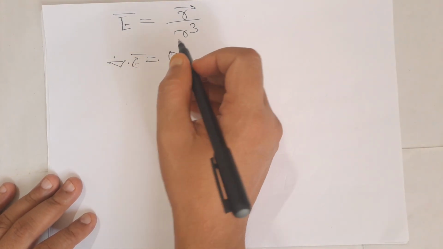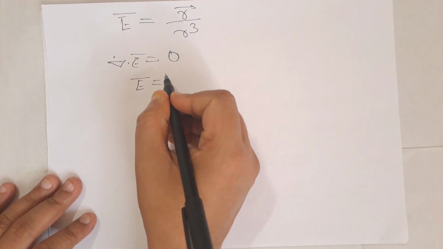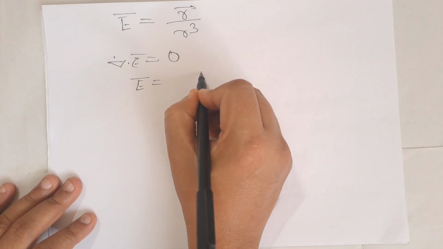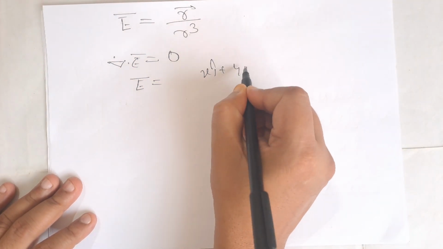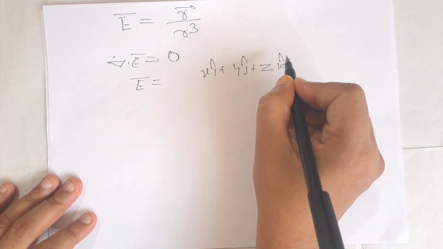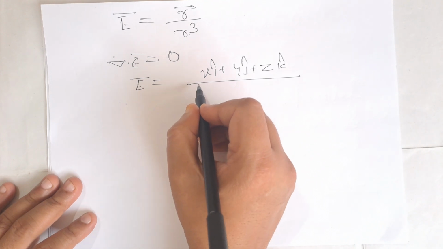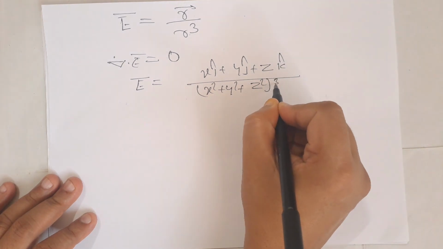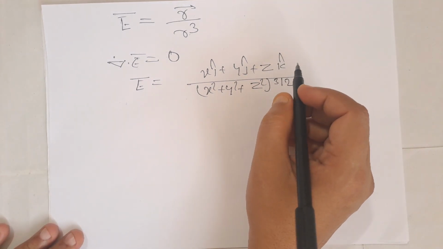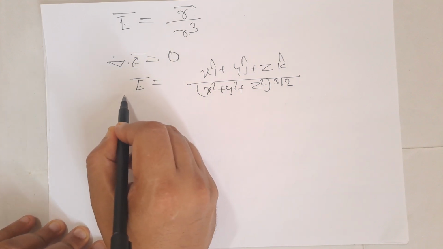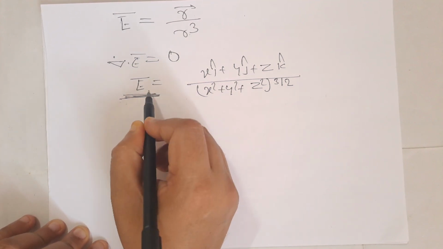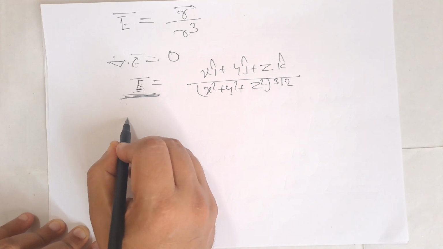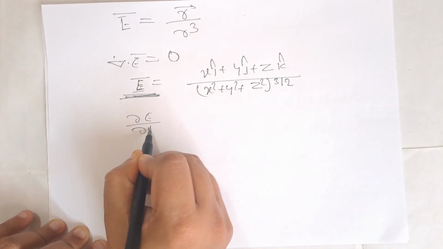We know that r divided by r cube is xi plus yj plus zk divided by (x square plus y square plus z square) to the power 3 by 2. Now we have to find the partial derivative components of this E, starting with del E by del x.